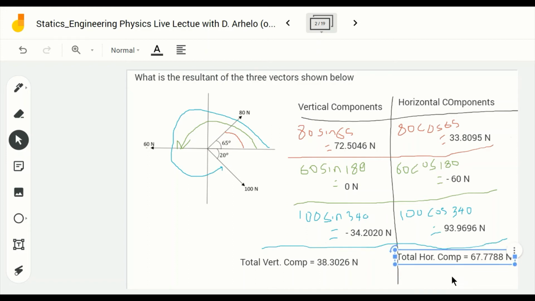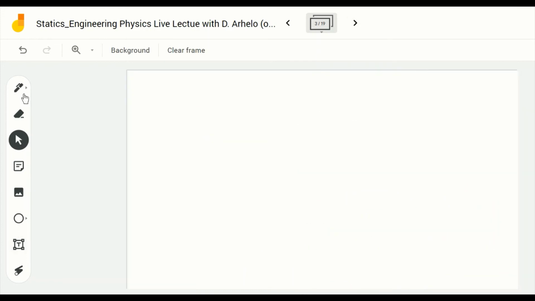All right, so this is the very first step. We get the values for the different components. Now we can find the resultant and the direction. My resultant is equal to the square root of the total vertical component squared plus the total horizontal component squared.